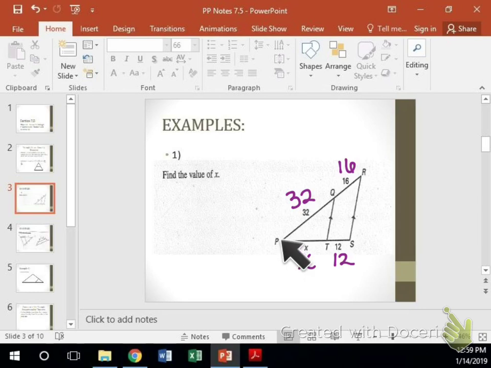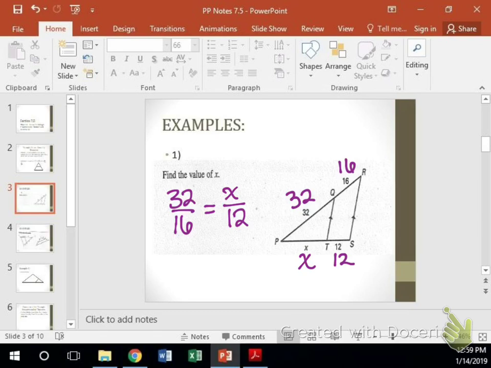So I prefer to start at point P. The first section is 32, and that's going to be put over the 16, the other chunk from that same side. When I go to set up my other ratio, I have to start again back at point P. So my first section is X, and that other section in the back is 12. This is not the only proportion we could have set up, but it's one that works for us.